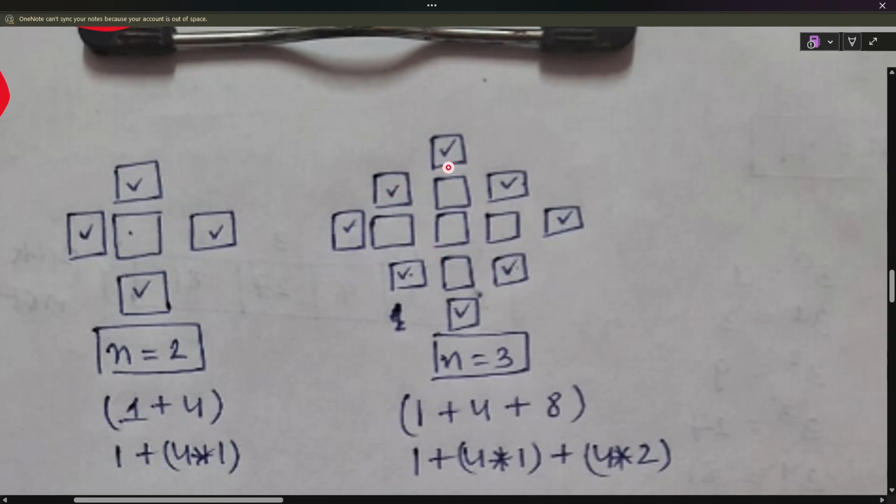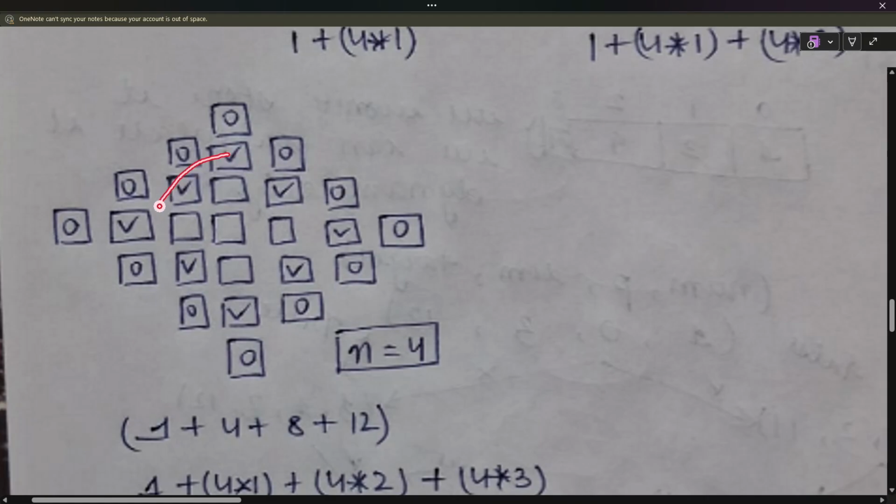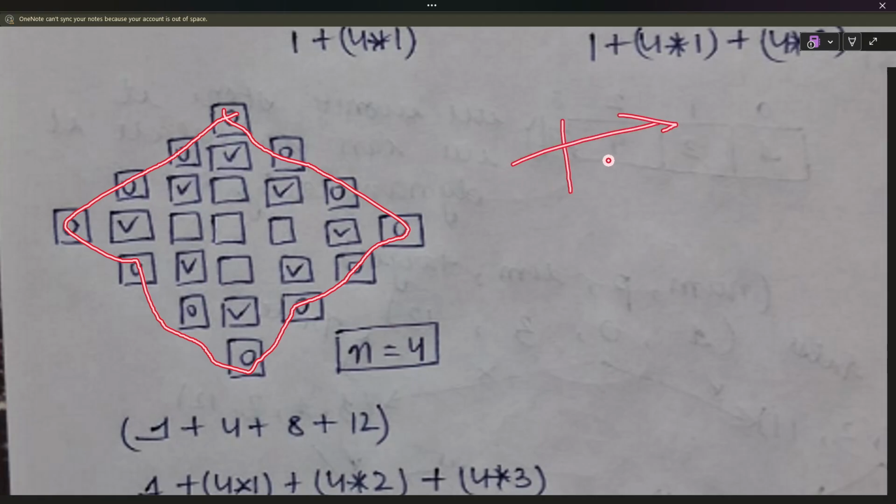Then for n equal to 3, the outer ones will be covered. Then for n equal to 4, this will be marked, right? Because we are marking in which directions? We are marking in 4 directions. So at every minute, it expands.